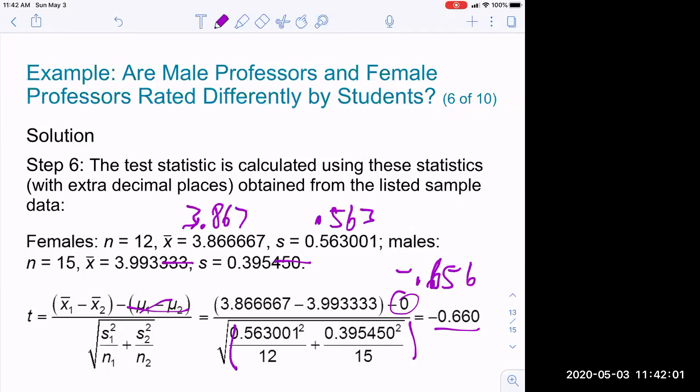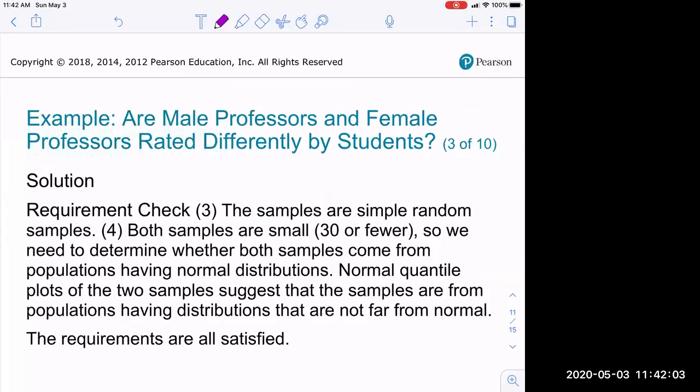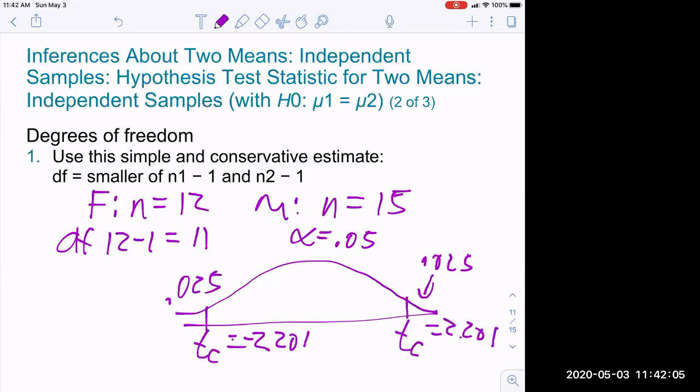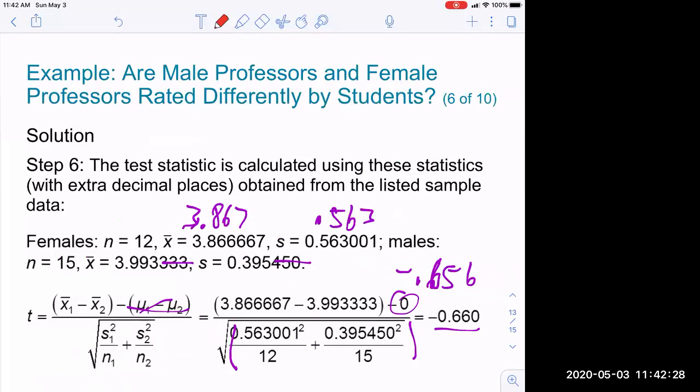So let's go back, make our conclusion here. We got a test statistic of negative 0.657. That falls inside. We're going to fail to reject. So the author makes their conclusion.